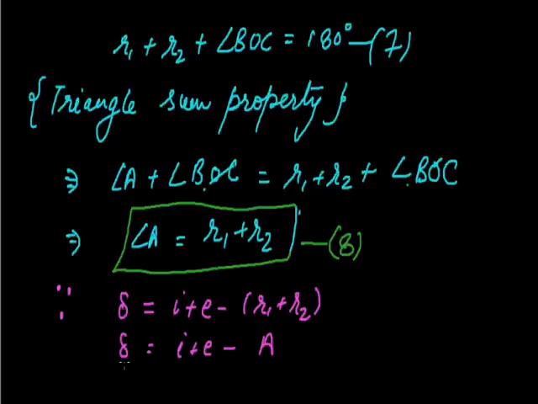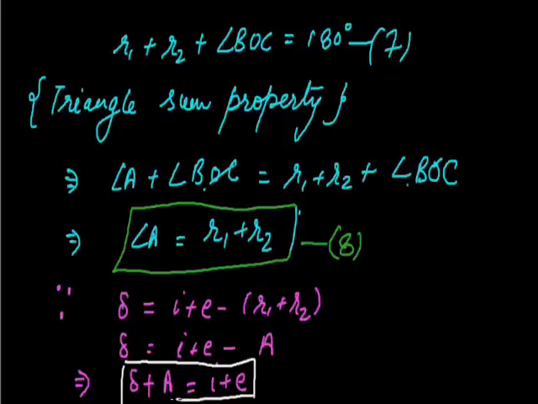This combination is equivalent to the angle of deviation, and we can write it as delta plus A is equal to I plus E. So it is the result for which we have done all the mathematical exercises here, and it is of much use in the optics related to prism.